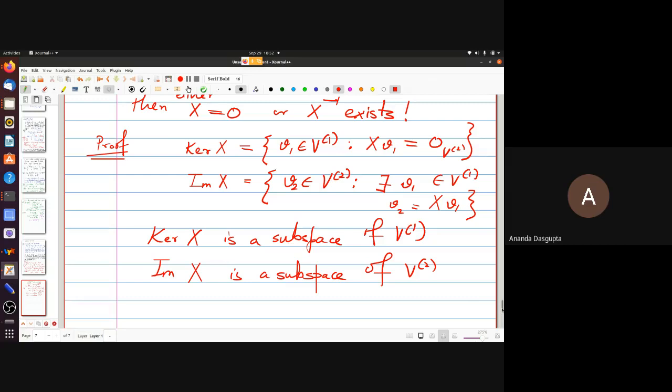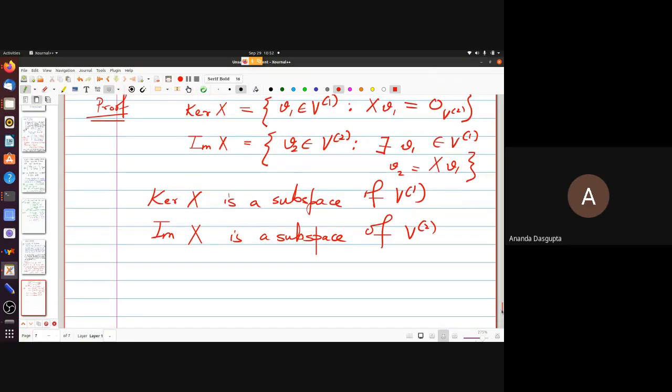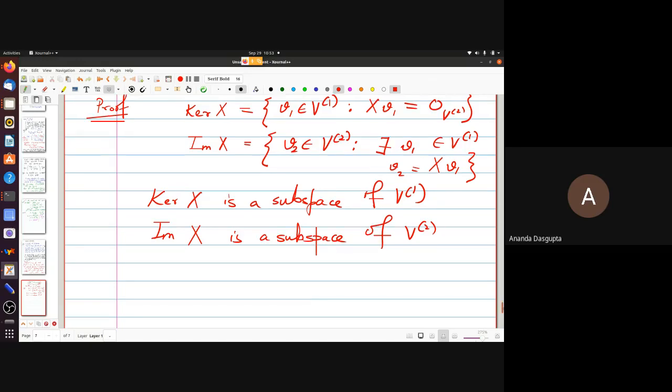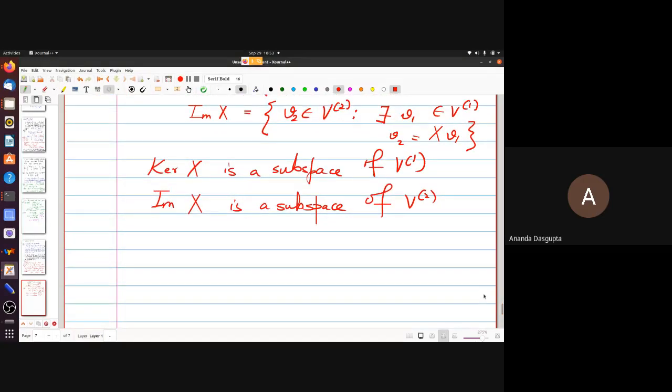Is this known to everybody? The kernel of X is a subspace of V1? Okay, I am assuming it is. And image of X is a subspace of V2. These are very easy things to prove anyway. Even if you did not know them already, they would be trivial to prove. Now, let's prove that they are not only subspaces, they are invariant subspaces under the conditions of this lemma.